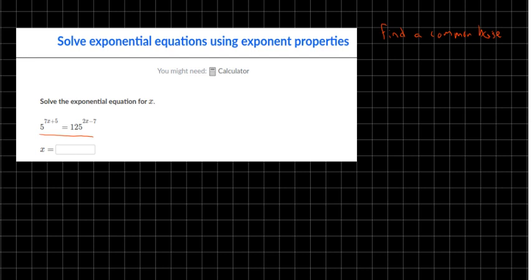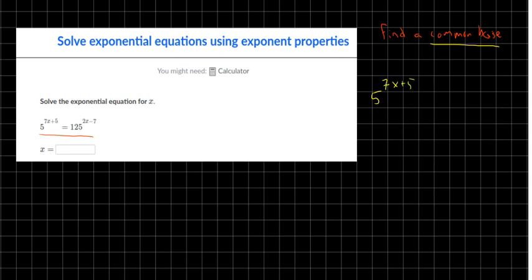And we can do that here by finding a common base, a base that's the same. So we have 5 and 125, and I know 125 is a multiple of 5. So I'm going to choose the base of 5. My first base I'm going to keep as 5 to the 7x plus 5.